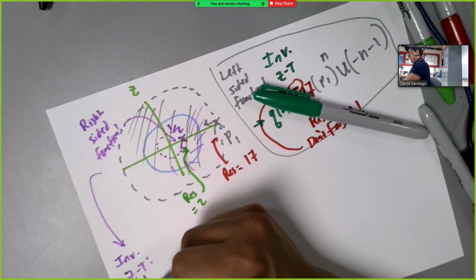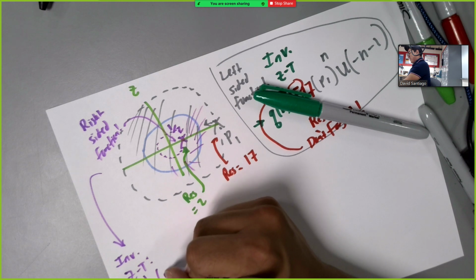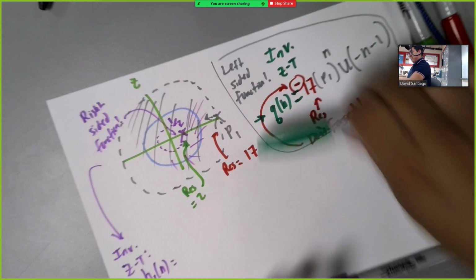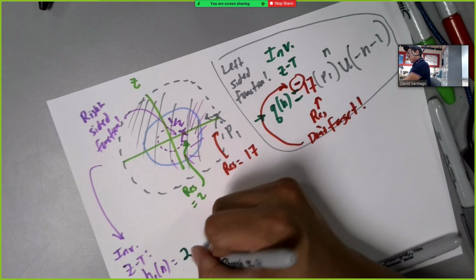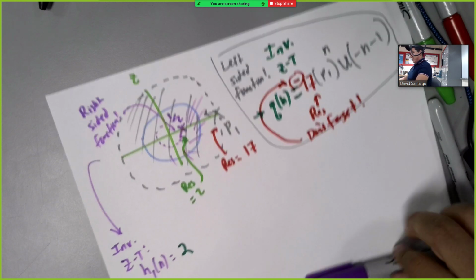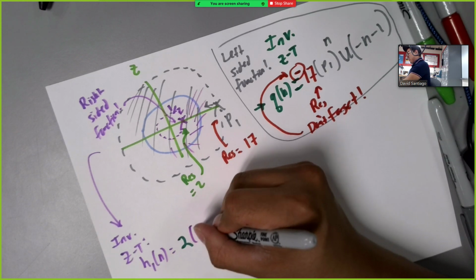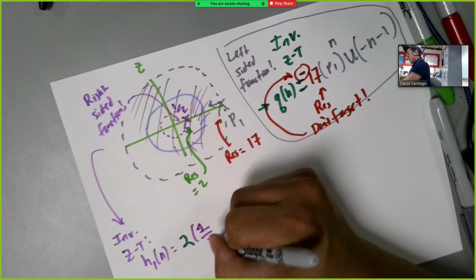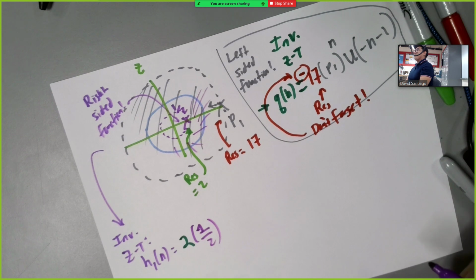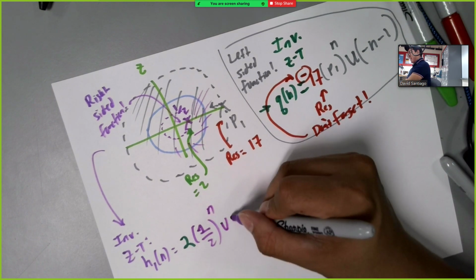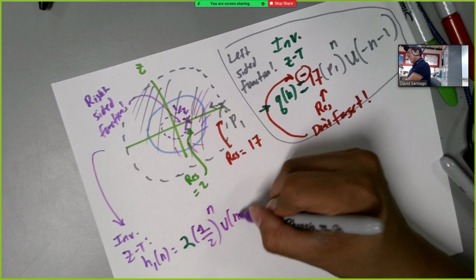H1 of n is equal to the residue value, 2, and now the pole value that we get is 1/2, so 1/2 to the n. And then because it's a causal system, u of n.